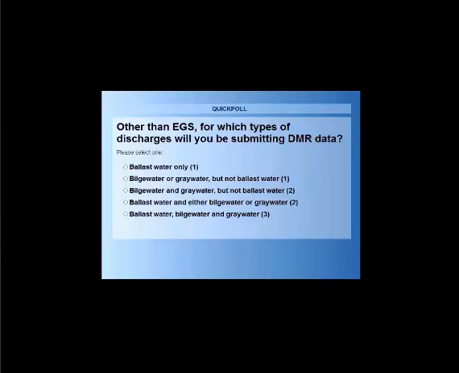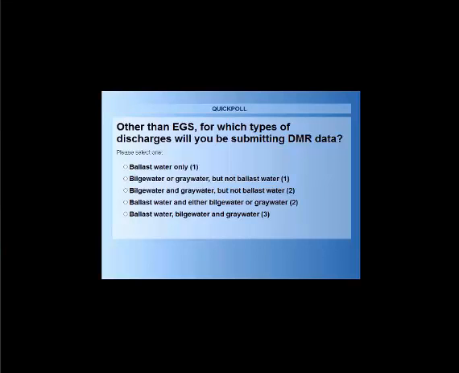The choices are ballast water only, bilge water or gray water, but not ballast water, bilge water and gray water, but not ballast water, ballast water and either bilge water or gray water, or all three, ballast, bilge, and gray water. And the numbers in parentheses next to the choices are how many of the different types of discharges you'll be submitting data for.